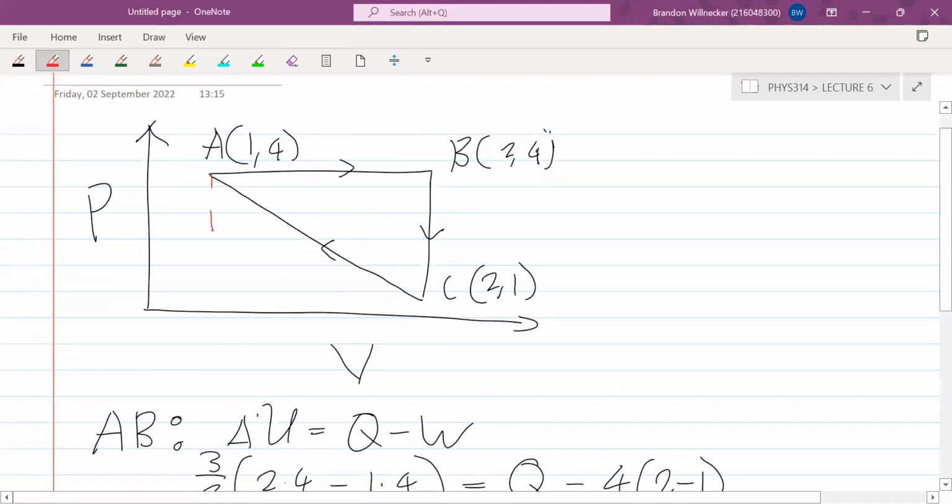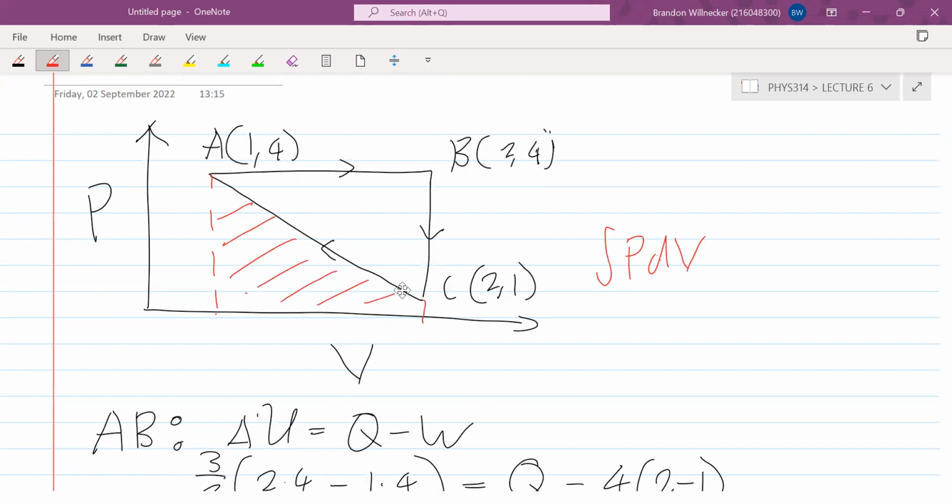If we highlight that here, the integral of P dV is going to be this area underneath here.